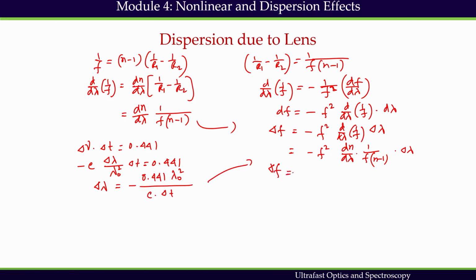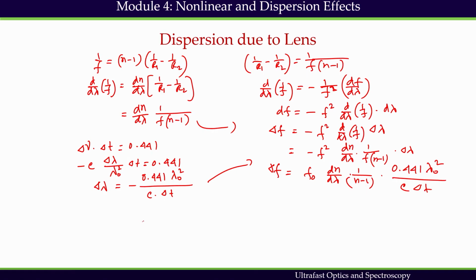So finally delta f is, since I have this minus and this minus, both cancelling out, f naught multiplied by dn/d lambda multiplied by 1/(n minus 1) multiplied by 0.441 lambda naught squared divided by c delta t.